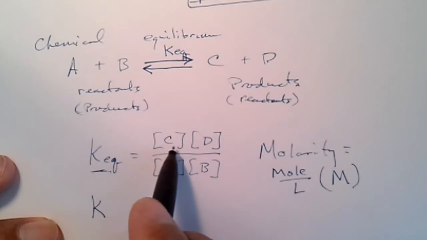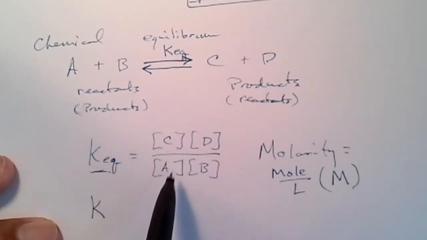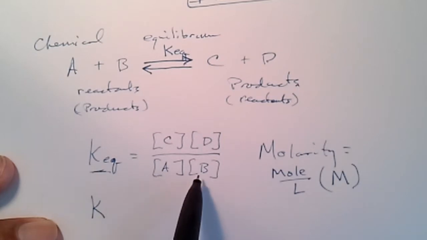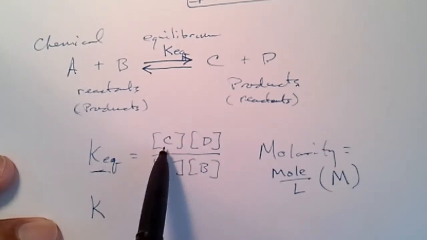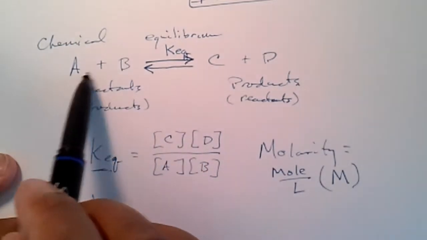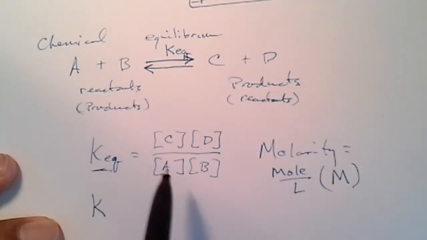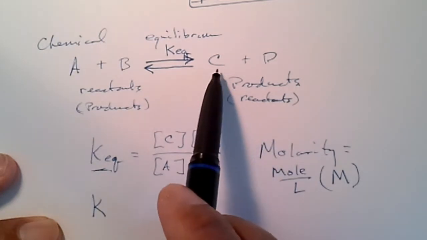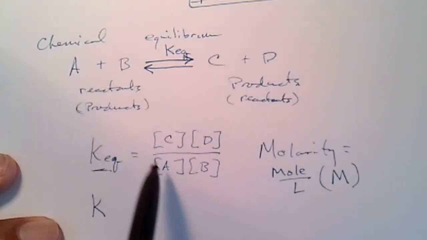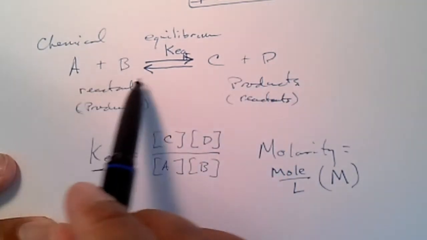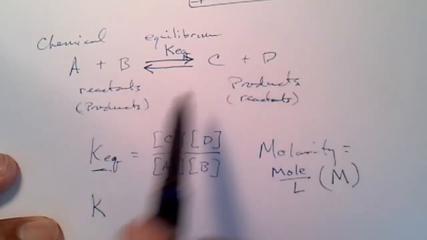because the concentrations of our products are determined by the concentrations of our reactants. These concentrations will change if we change concentration of our reactants. And of course, the product concentrations will change. Reactant concentrations will change if we change the concentrations of our product.